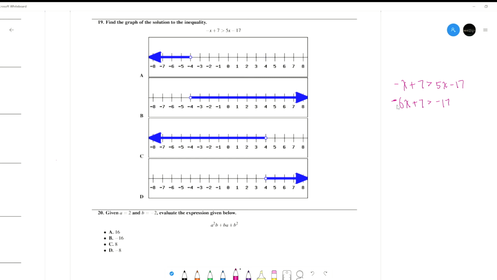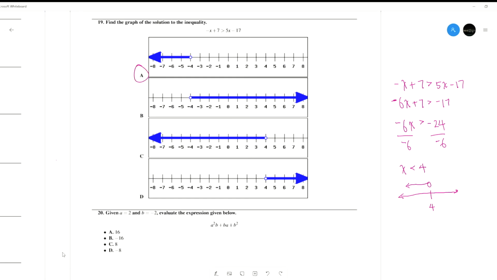Then we need to get x by itself, so we subtract 7 from both sides. So we get negative 6x is greater than negative 24. Lastly, we divide both sides by negative 6. So x, now the inequality sign has to change, right? It becomes less than positive 4. And what does that look like? We have 4 with an open circle. Less than means to the left. So that's answer A.